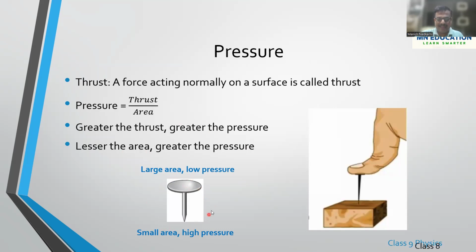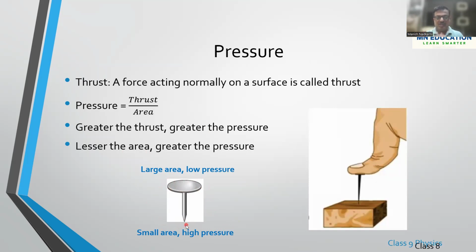Imagine a pin like this. You can see a pin here. Can you see at the top, there's a larger area. And at the bottom, there is just a very sharp corner, which means the area of contact is very, very small. Suppose you press this pin from the top. The point where the pin touches at the lower end, the area of contact is going to be very, very small.